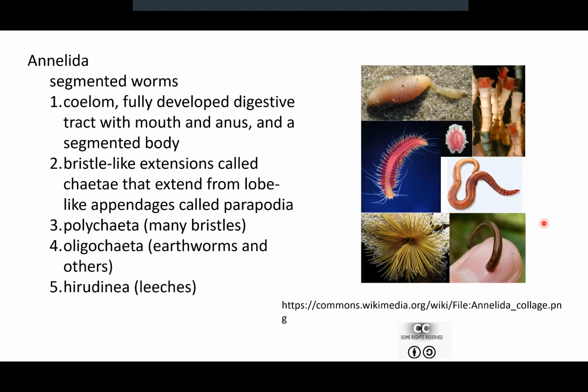And if you look at these different annelids, you can see there's a lot of diversity in how they look. They may have bristle-like extensions called chaetae, which extend from lobe-like appendages called parapodia. And then we have the polychaetes, which have many bristles, oligochaetes, earthworms, and others. And then we have the leeches.